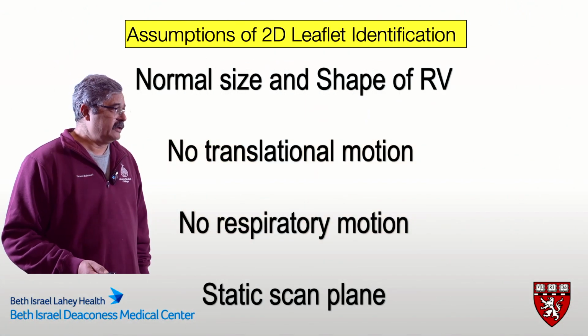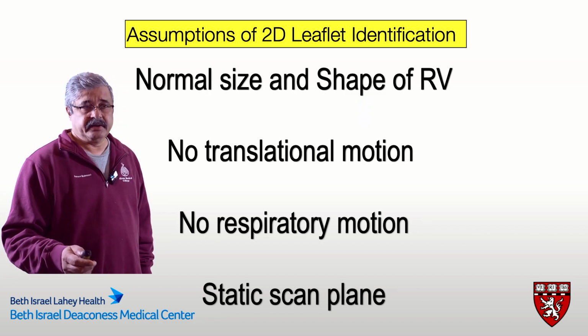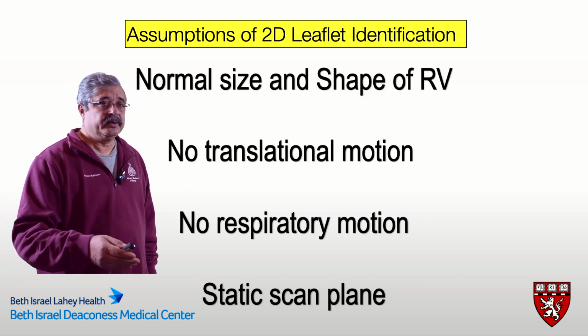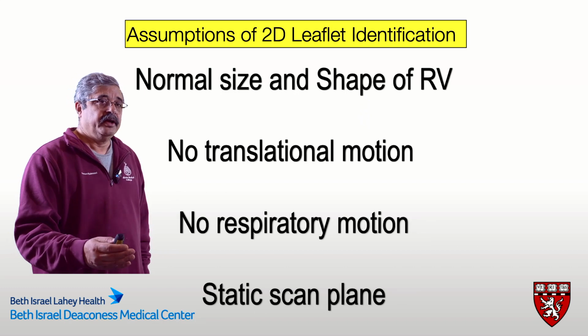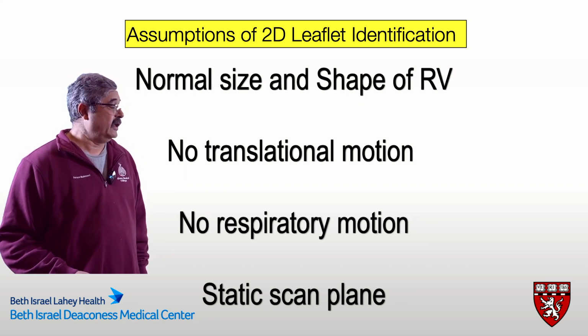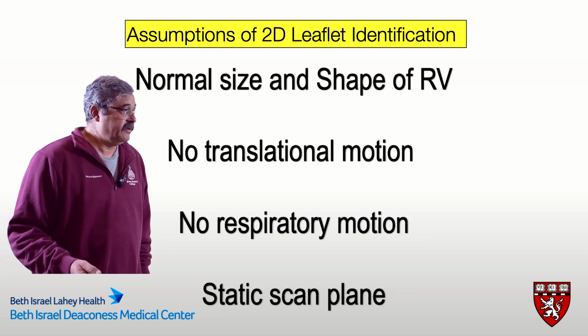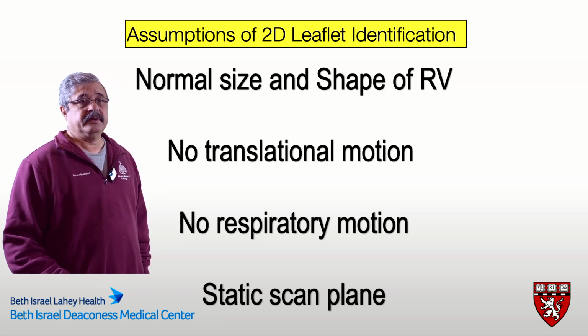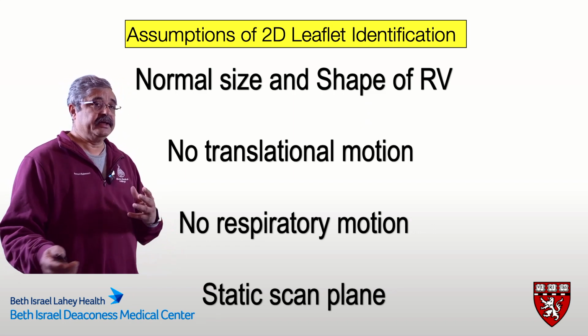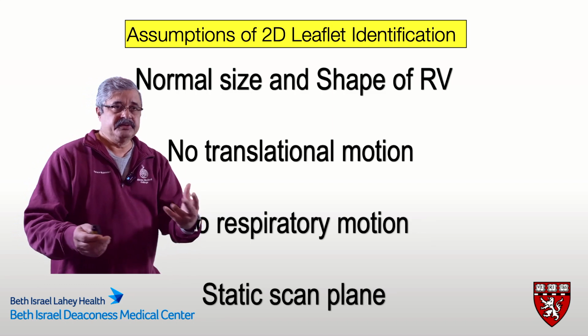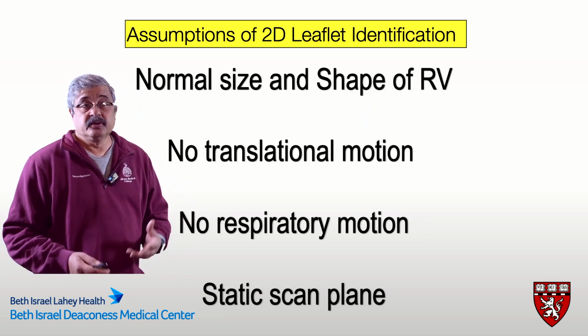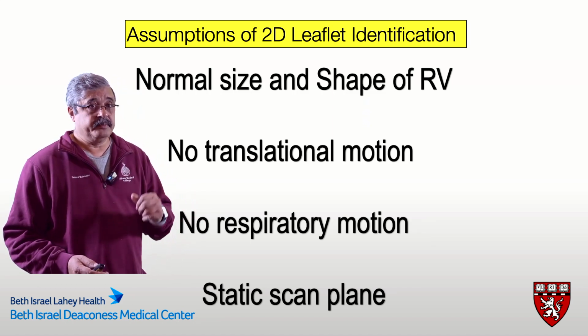Now, the guidelines, however, are very rigid in defining the scan plane rotations and probe positions where you see the tricuspid valve. And these guidelines are based on the assumption that we have a normal size RV, a normal shape of the RV, so there's no dilation and eccentric position of the tricuspid annulus. There's no translation motion of the heart. It's a static position of the heart.